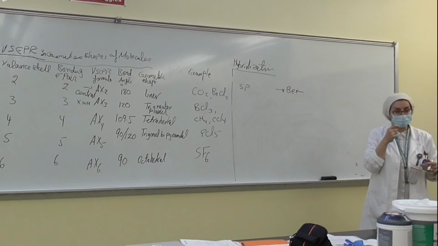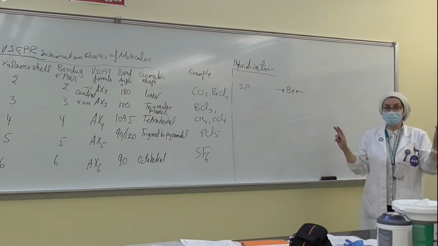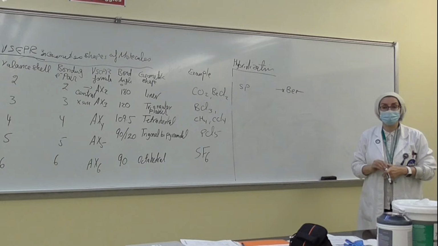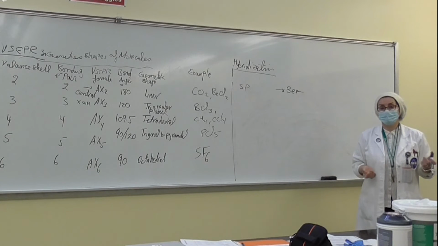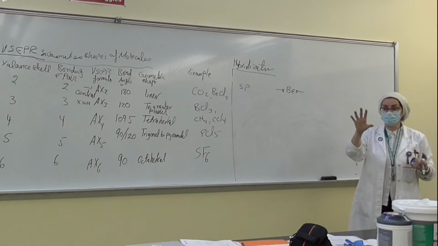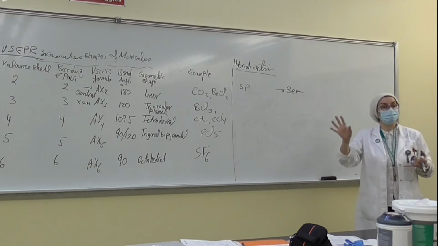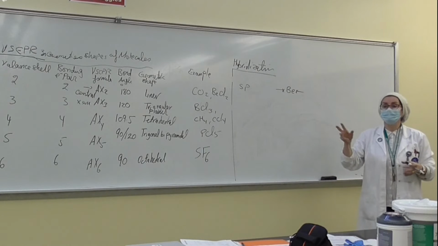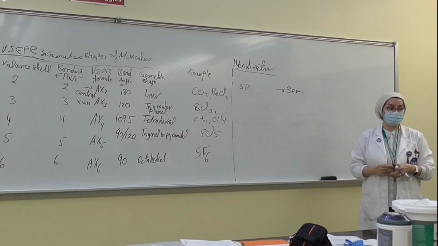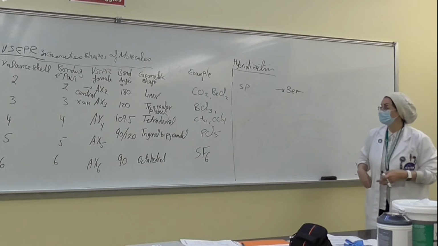If you have two electrons paired, then how is it going to be able to combine with another element? It can't. Two in the outermost shell, I have only paired electrons. It is not going to be willing to accommodate or pair with any other atom, unless it is single.